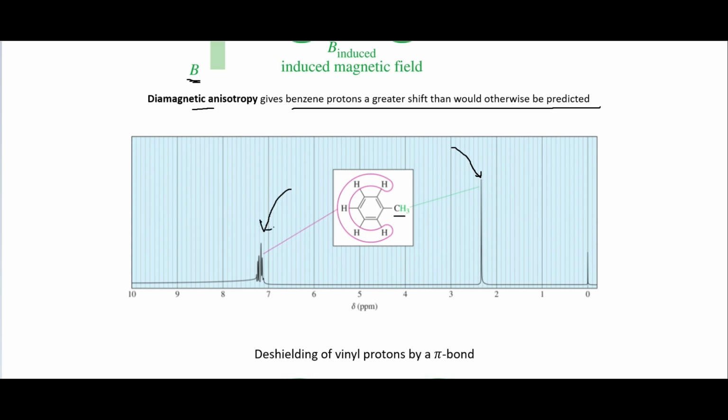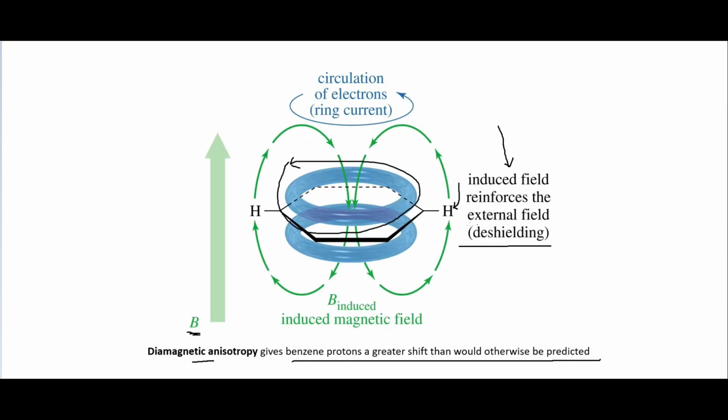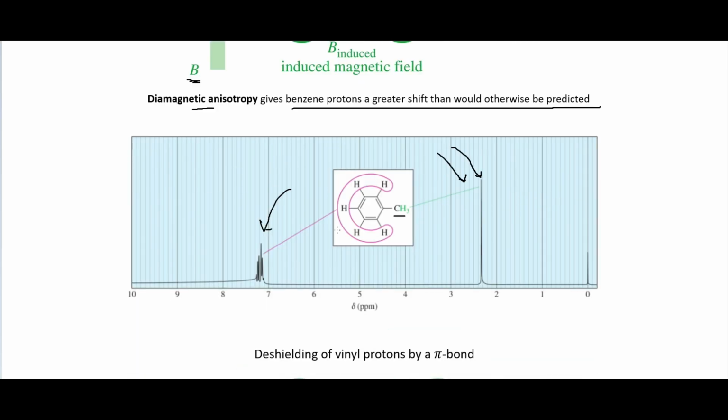We would predict, if this was just a cyclohexane, that those would show up a lot closer to this over here. Because of this induced magnetic field, this is showing up way over, usually between about 8 and 7.